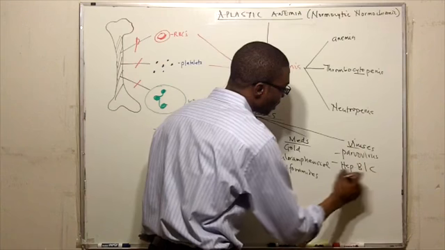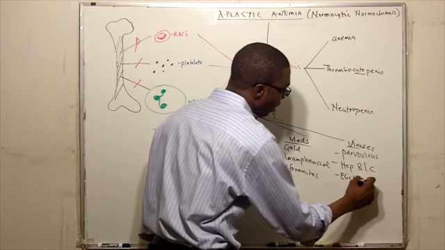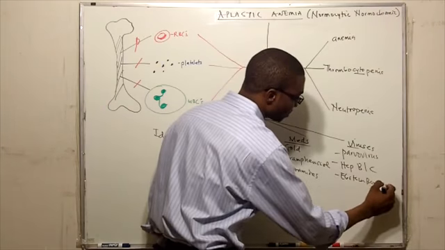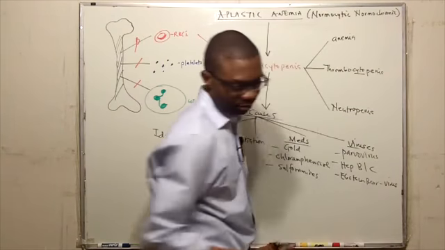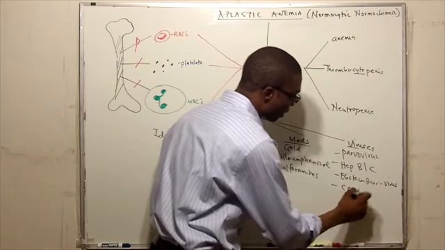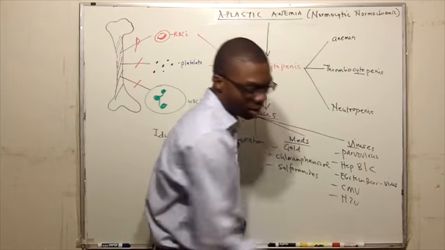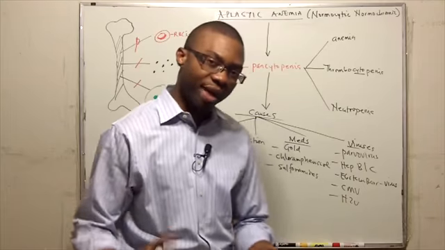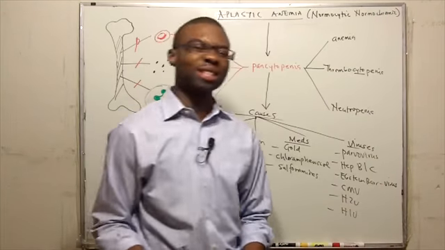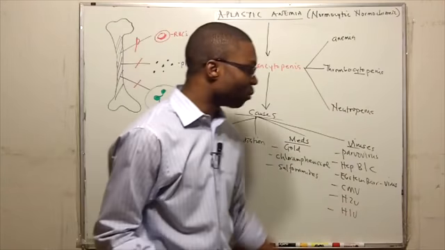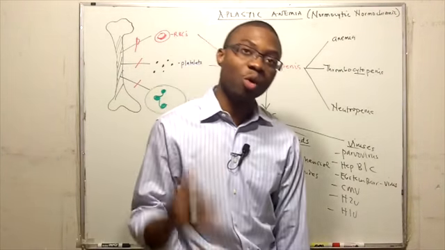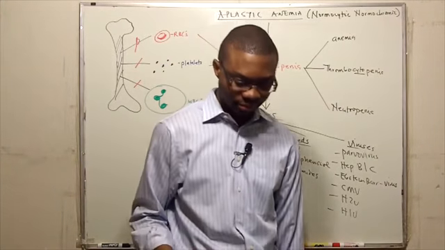Hep B and C, and the Epstein-Barr virus that causes infectious mononucleosis, EBV. Also CMV, cytomegalovirus, and herpes zoster virus, varicella, HIV. Almost sounds like we're listing every single virus under the sun. Any virus can almost cause aplastic anemia. Remember, we really don't know what actually causes it.